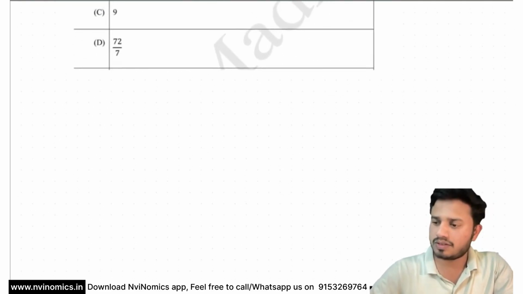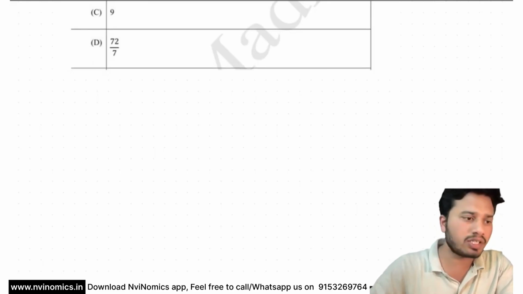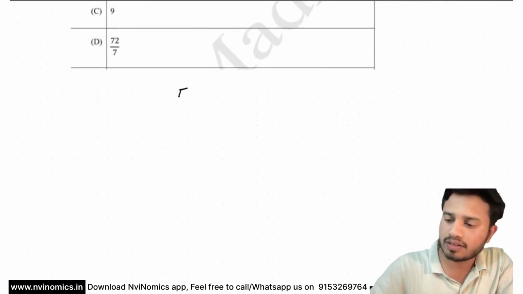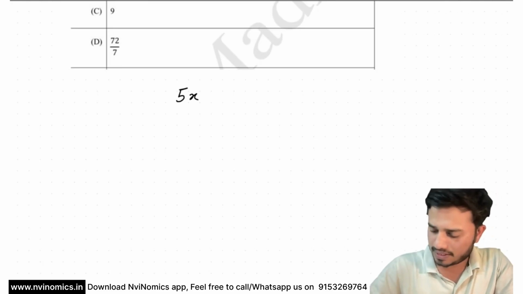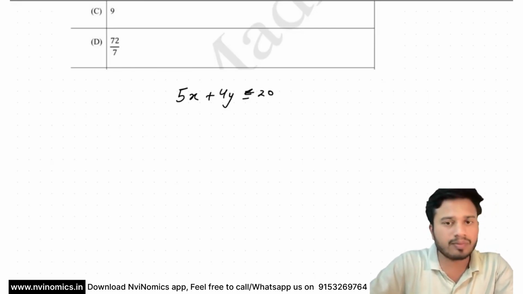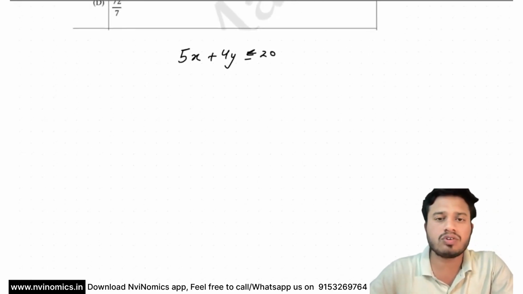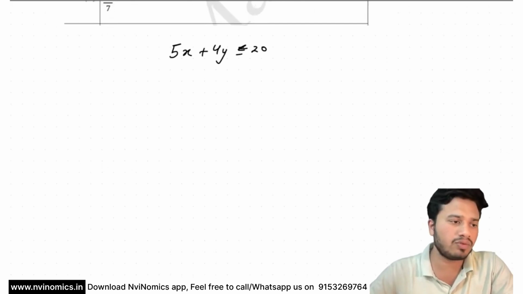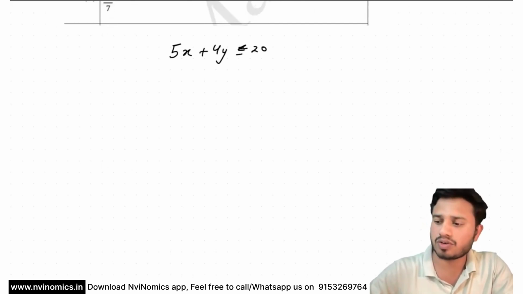So I have these equations of these constraints with me. First one is 5x plus 4y is less than or equal to 20. Remember, you always have to draw a diagram. You just have to draw lines and then check for optimality.